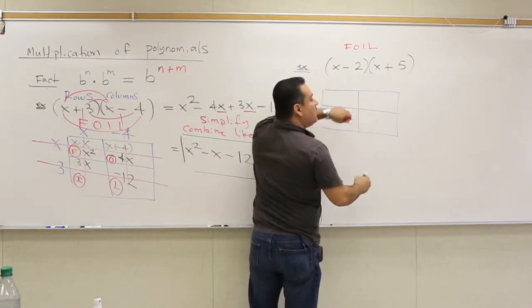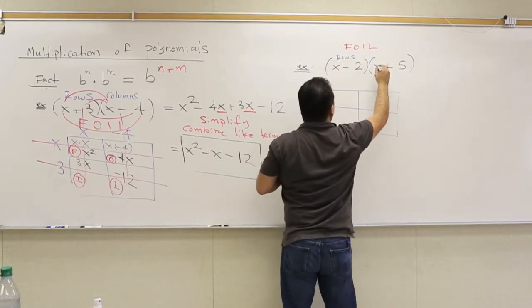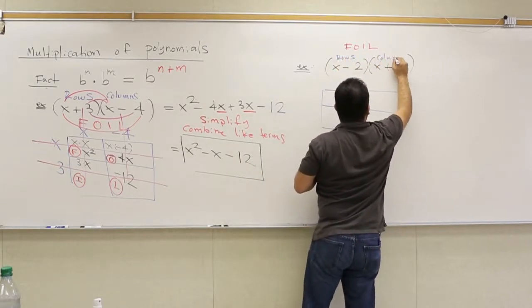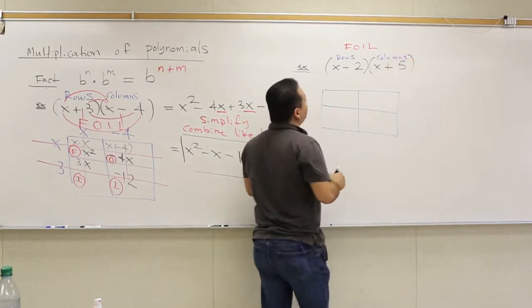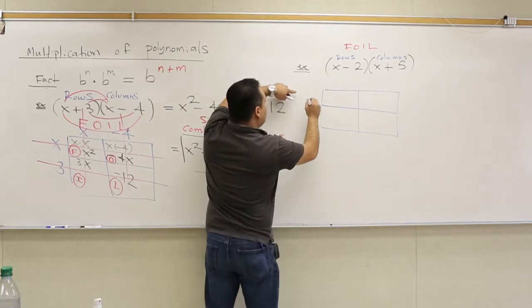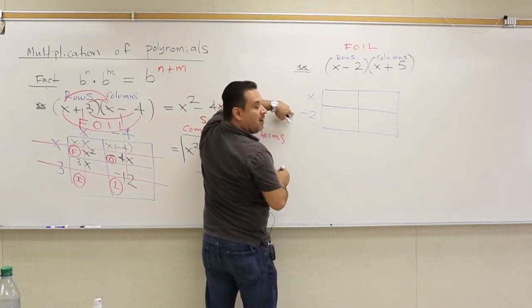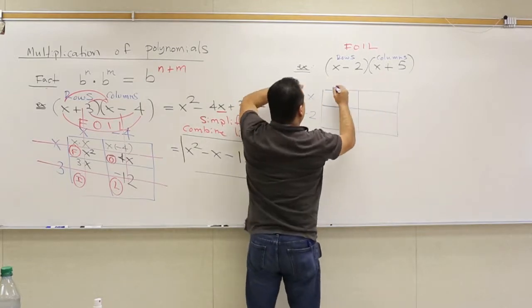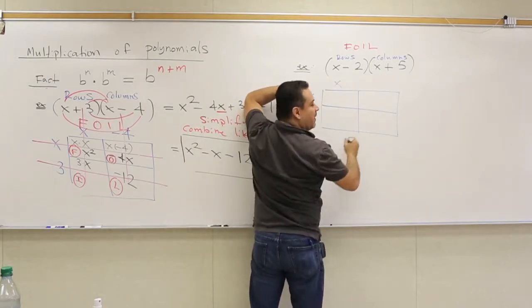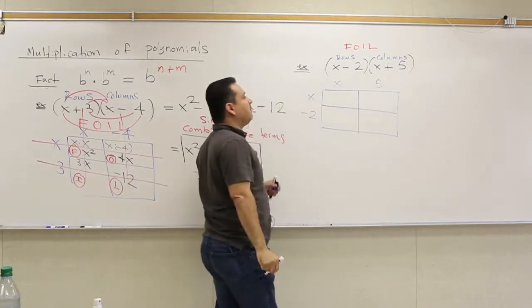These two terms, these are my rows, and these are my columns. So I have two terms here. So I have an x row and a negative 2 row. You okay with that? I got two terms here. An x column and a 5 column. That 5 is positive. I usually don't notate the positive.